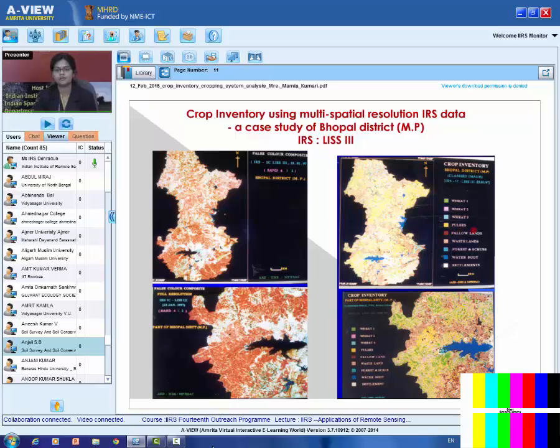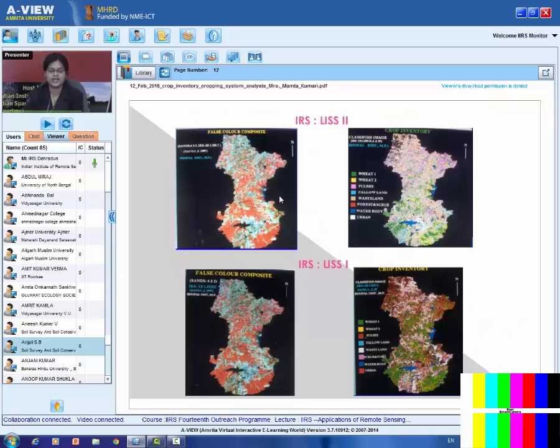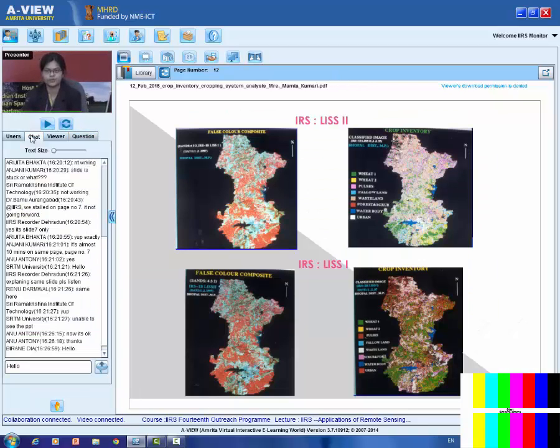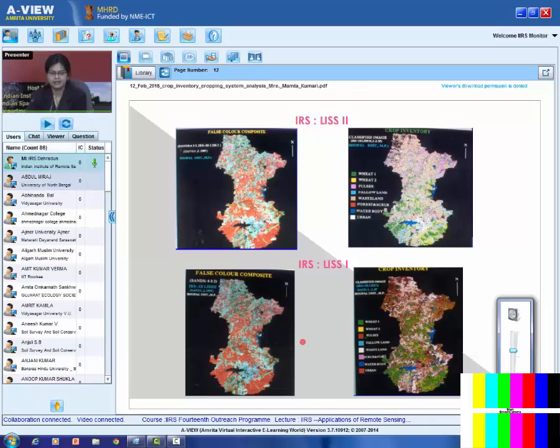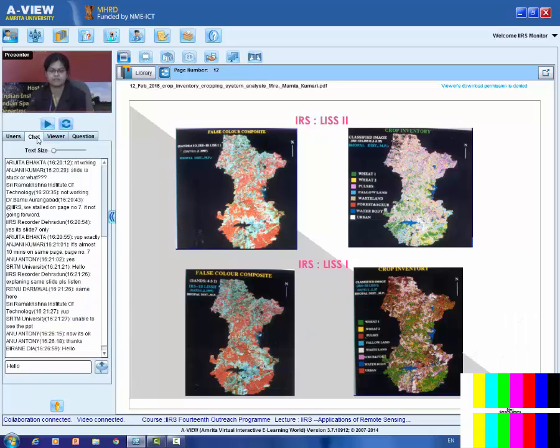So from yellow color we can see the different pulse areas. So this is for different area using LISS3 only. LISS3 has a spatial resolution of 23.5 meter. This is of LISS2, and again FCC crop inventory map using the LISS1. LISS1 is of 72 meter spatial resolution.